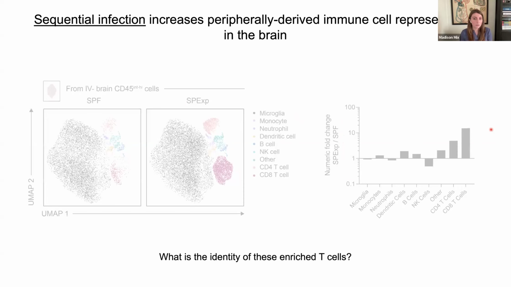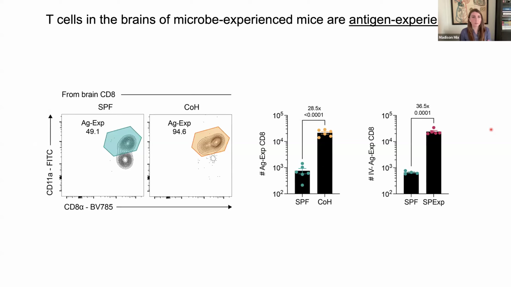And so we then wanted to follow up on this particular immune cell subset and ask, what is the identity of these enriched T cells? So the first discrepancy that we wanted to determine is whether these cells were naive or were they memory. And memory is really a definition that involves time and being antigen experienced.